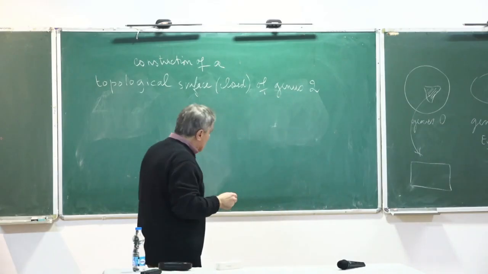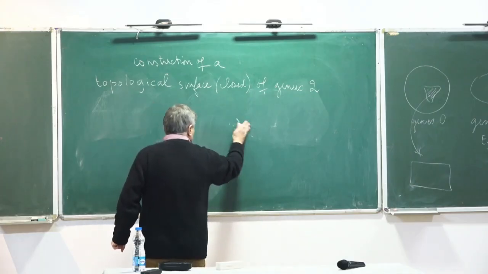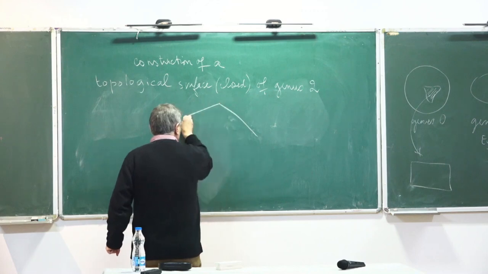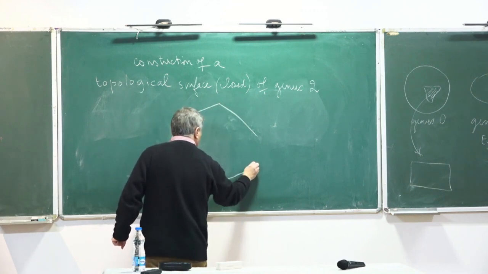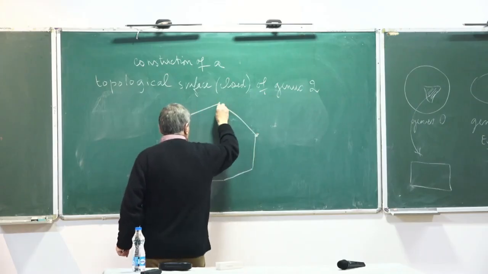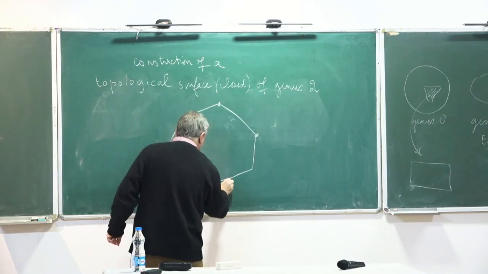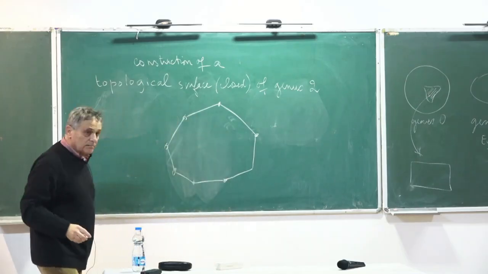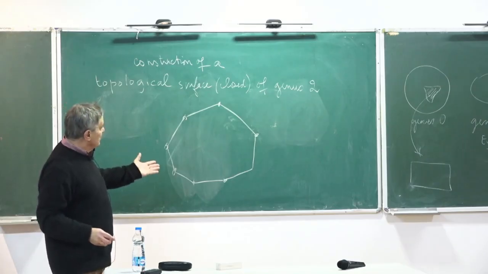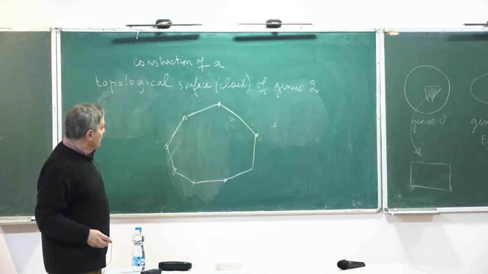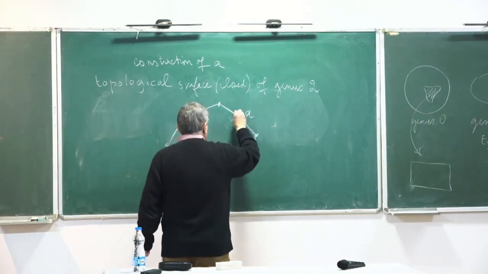If you don't know, I will not spend too much time on this, but you take an octagon, 1, 2, 3, 4, 5, 6, 7, 8. You take an octagon in the Euclidean plane, and then you identify sides.